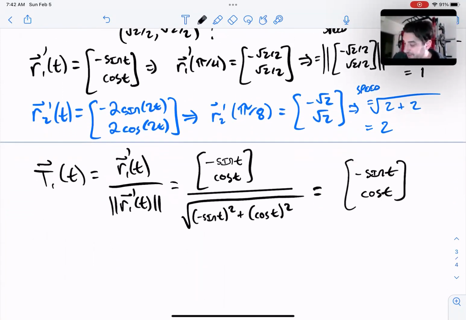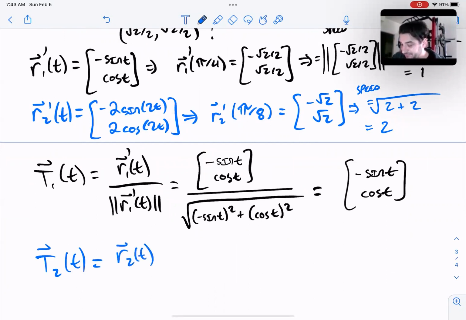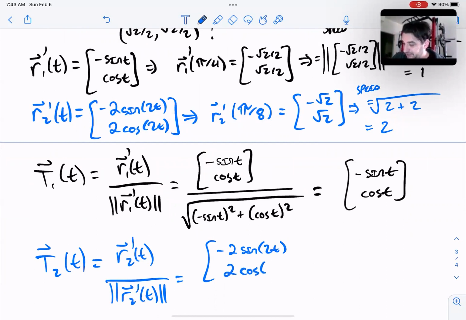As opposed to if I did it for the second curve, well, it's the same curve, but the second parameterization. Right, there's our velocity divided by speed.